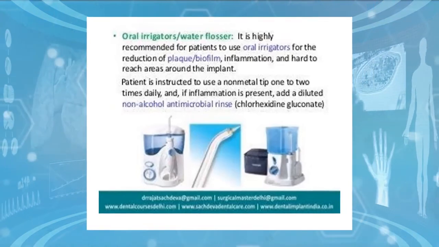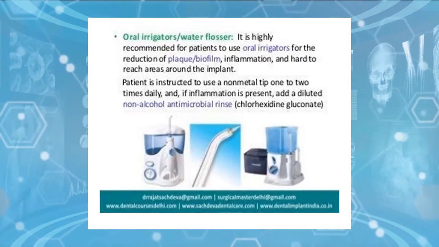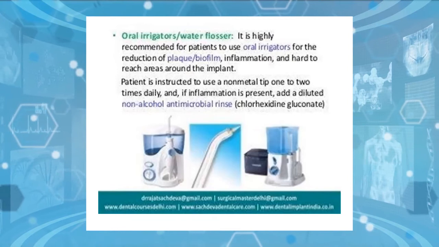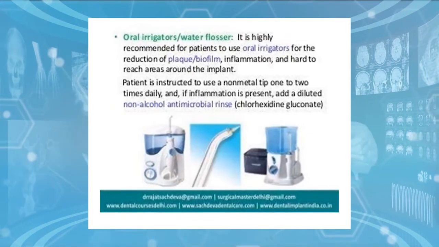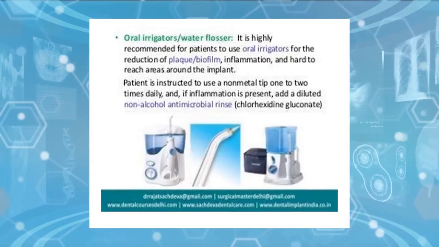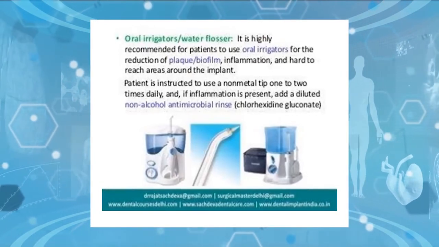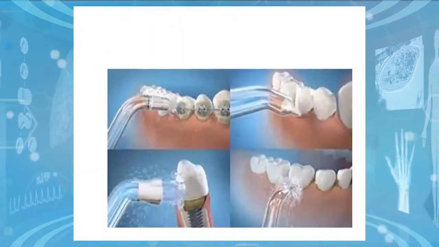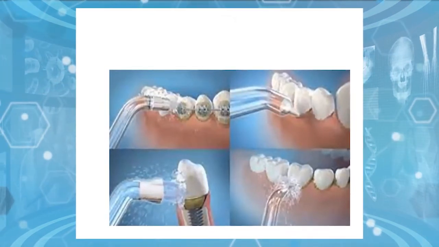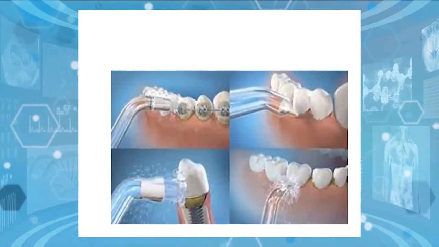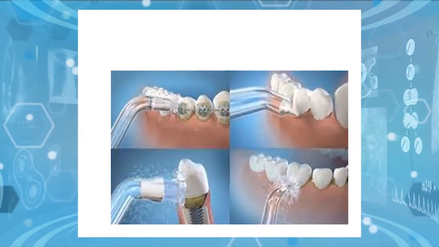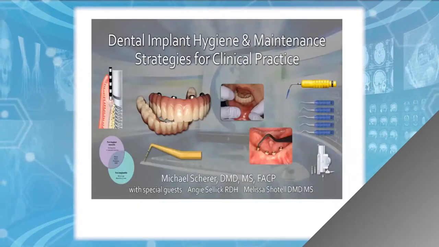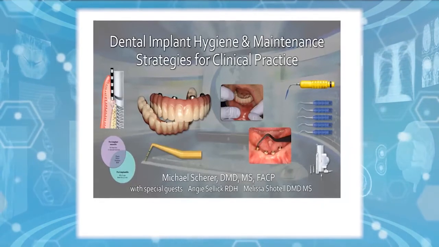We may also use a non-alcoholic antimicrobial rinse. It's a very strong disinfectant which will kill microbes that may cause infection around the implant. You can see how the water flosser cleans implant surfaces thoroughly and comprehensively. Dental implant hygiene and maintenance strategies.